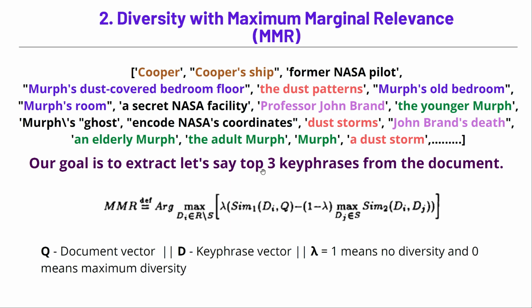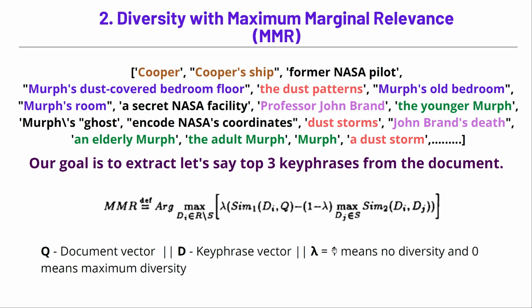The first parameter is, among these top 3 key phrases, how similar is each key phrase when compared to the original document vector. And the second parameter is the intra key phrase similarity, that is, within these 3 key phrases, how much do they differ among themselves.